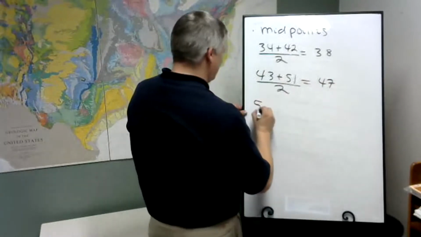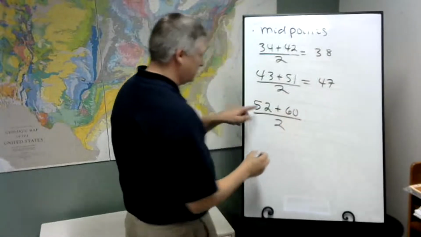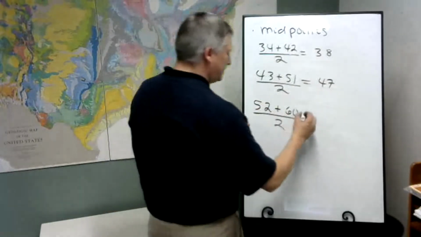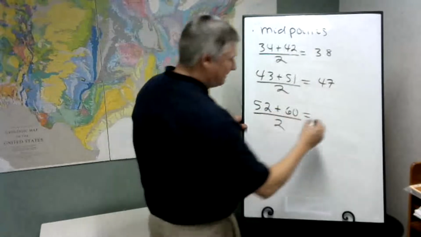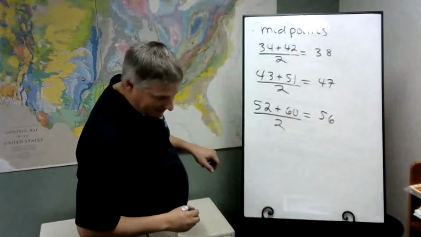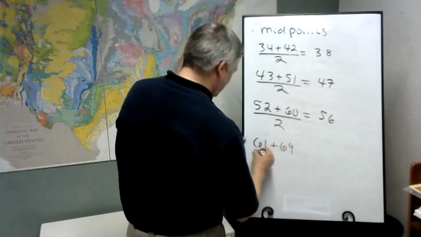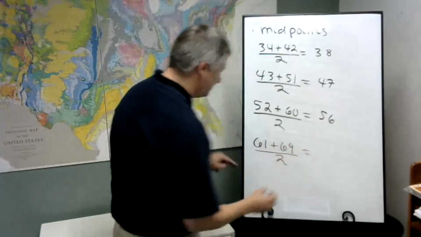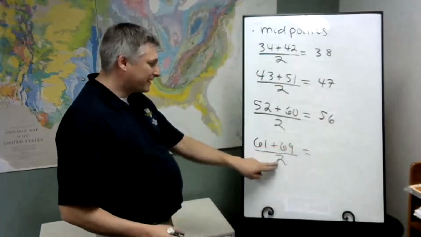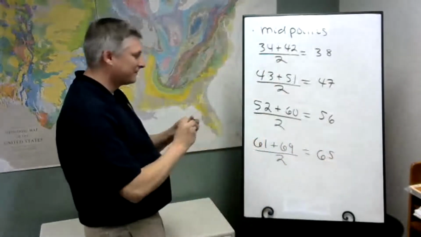And then for the third class, lower plus upper divided by 2, and we're going to get 56. Fourth class, lower plus upper divided by 2. There's your midpoint.